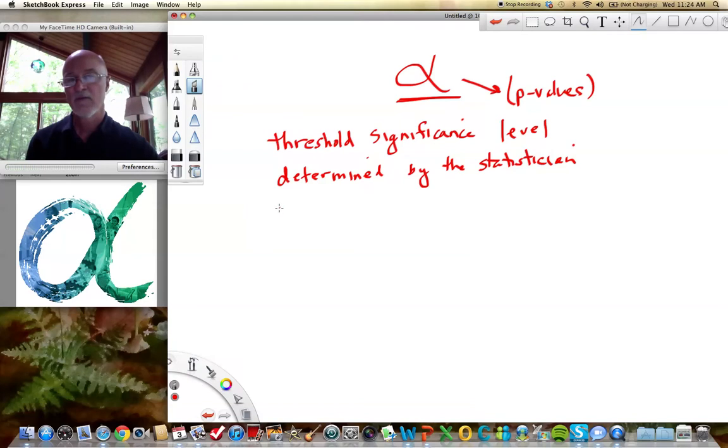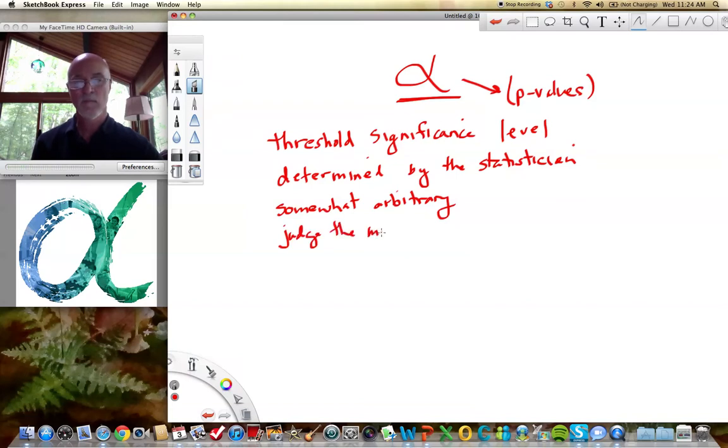It is somewhat arbitrary in that there's nothing magical about the particular value, but it is set in a way that it is used to judge the meaning of p-values. And it's something that's set in advance typically.